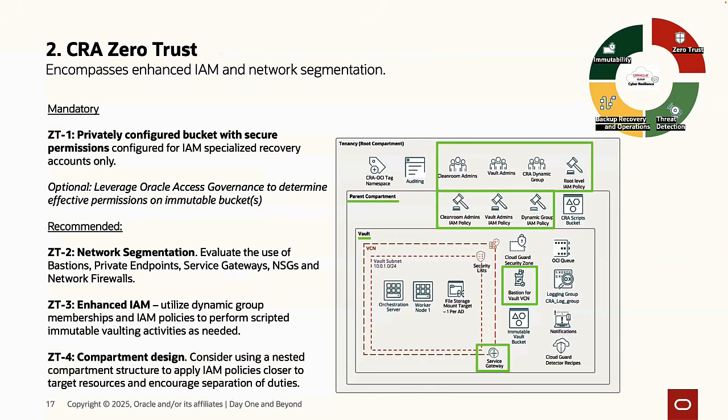So you could utilize tools like Oracle Access Governance if you have a very complex layering of compartments and policies and groups and so forth. But we do recommend having separate identity domains, separate users, groups, and IAM policies to really lock down this environment where appropriate. Network segmentation is also critical.